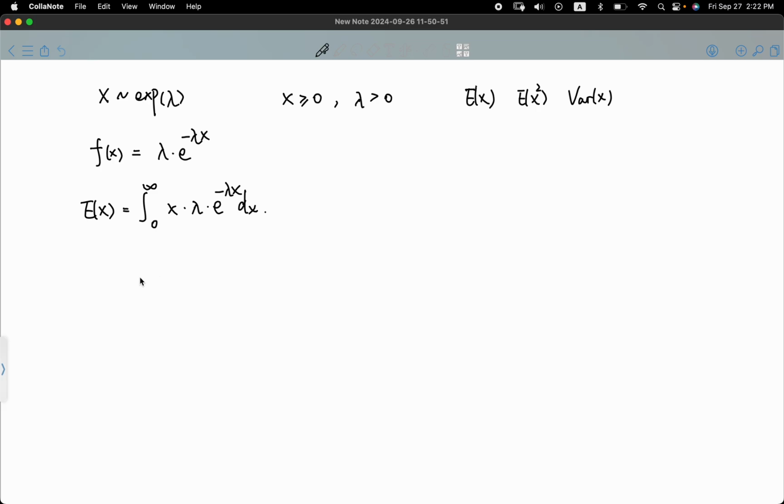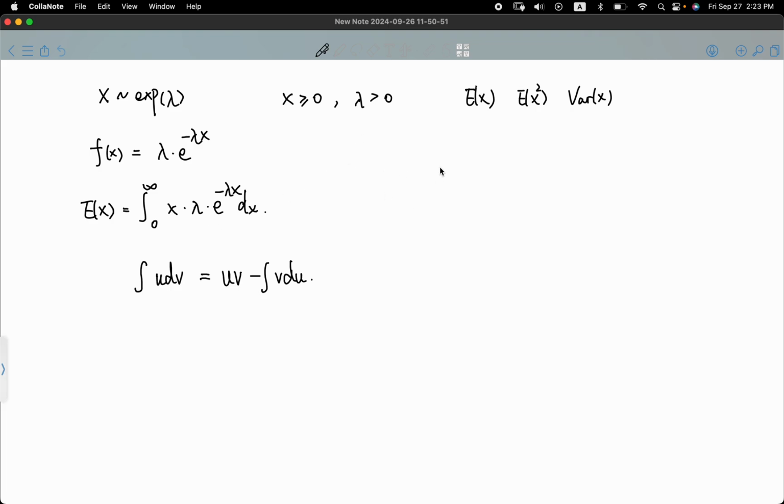So the idea is that an integral of u dv can be written as u multiplied by v minus the integral of v du. So this is something that we're going to do.